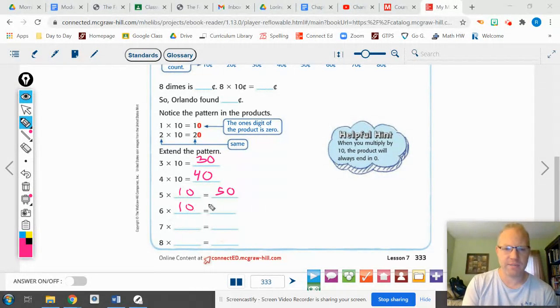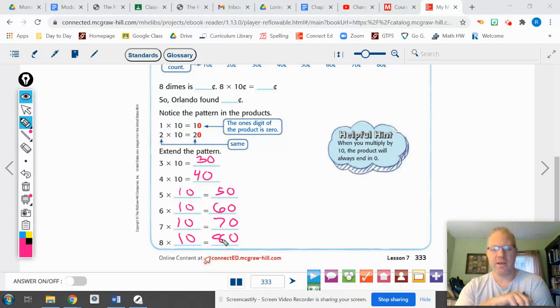Same thing, 6 times 10, 60. 7 times 10, 7, 0, 70. 8 times 10, 8, 0, 80. A helpful hint, when you multiply by 10, the product will always end in 0. So when we think about the pattern of tens, it always ends with a 0, as you can see.